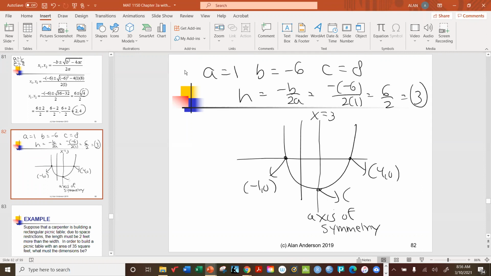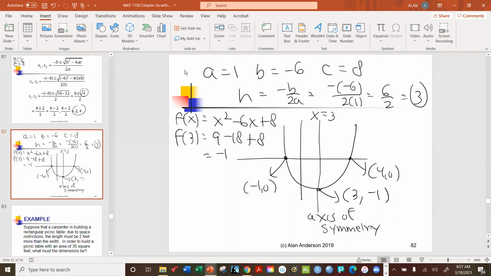And then the vertex is 3, comma. If we want the full point, we have to go back to the original function, which was x squared minus 6x plus 8. F of 3 would be 9 minus 18 plus 8, which is -1. Okay, so H is 3, K is -1.